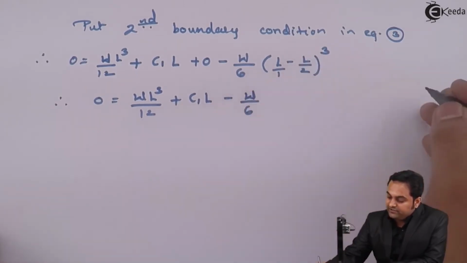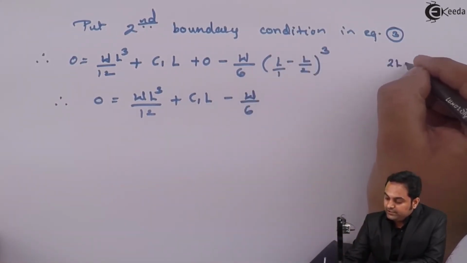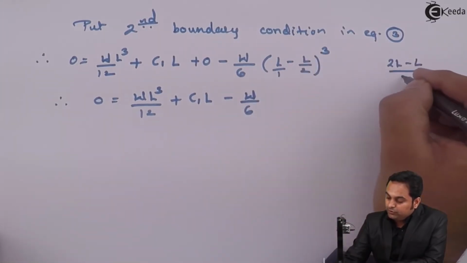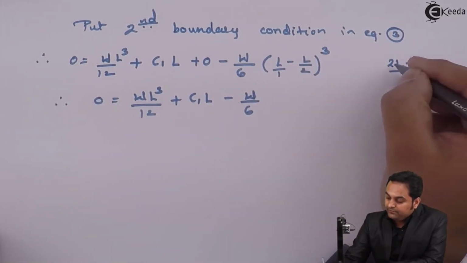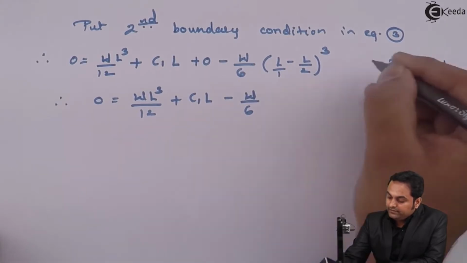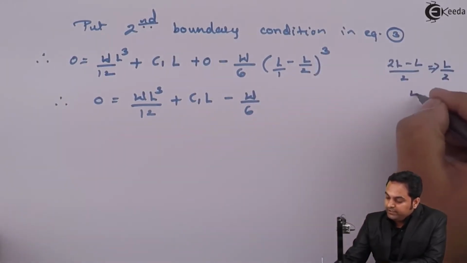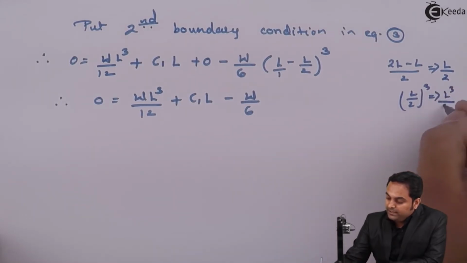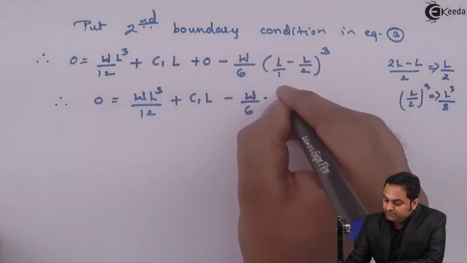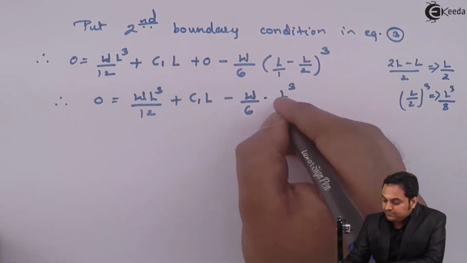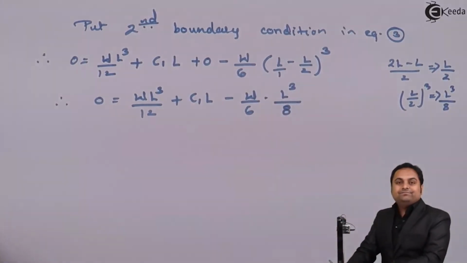Now this bracket, if I simplify, becomes 2L minus L upon 2. So that becomes L by 2 and it is whole cube. So L by 2 whole cube will be L cube by 8. So this complete bracket can be simplified to L cube by 8.